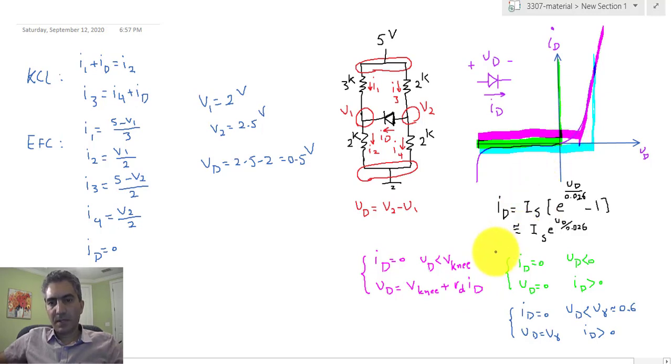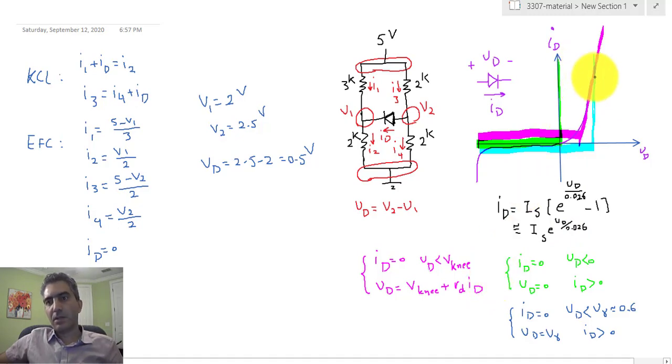Now, where's that RD coming from? Well, RD is the slope of this line. And that slope actually is not a constant slope. It depends really on where you think you're operating, and based on that, it's really the derivative, right? Derivative of this equation right here, 1 over the derivative of this equation, gives you RD.